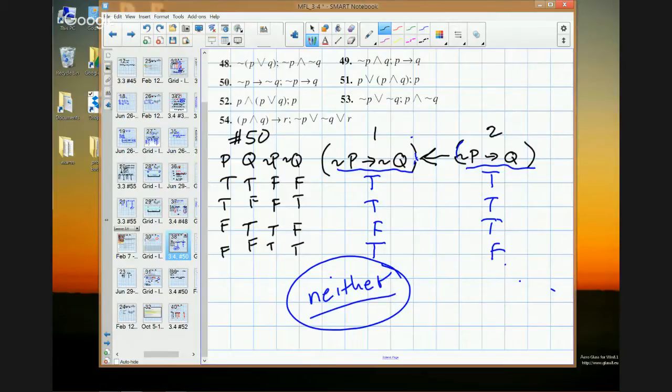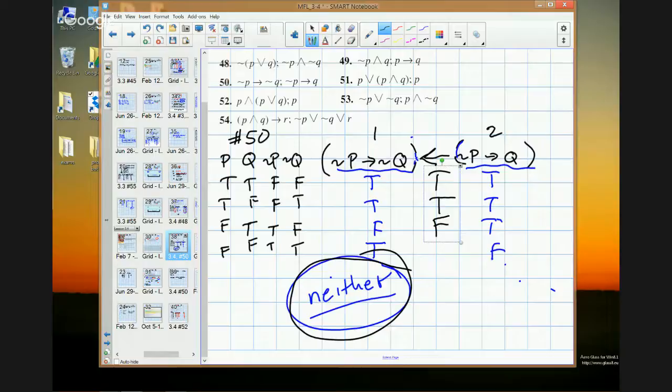If you can think backward, this is your if and this is your then. If true, then true, true. If true, then true, true. This is false. Nope, that doesn't work. So they're not equivalent, and they don't imply each other. The answer is neither.